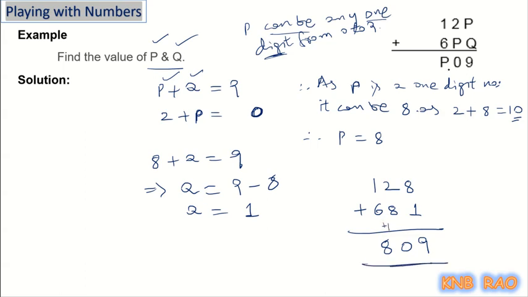Therefore, we got 809, it exactly suits because P is 8. Here I have P means 8 is coming. So, therefore, P is 8 and Q is 1 suits exactly. This is how we think, right.